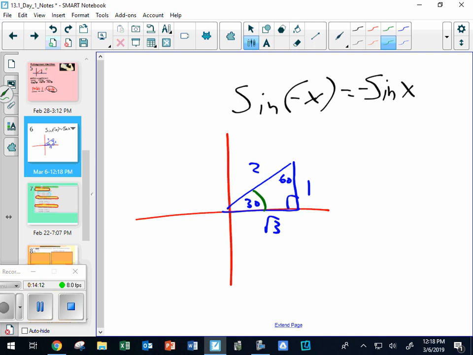What if I do sine of the opposite of that angle? Well, what's the opposite of 30? Negative 30. All right? So here's me drawing in the green triangle that uses negative 30 degrees, and its sides are really close.